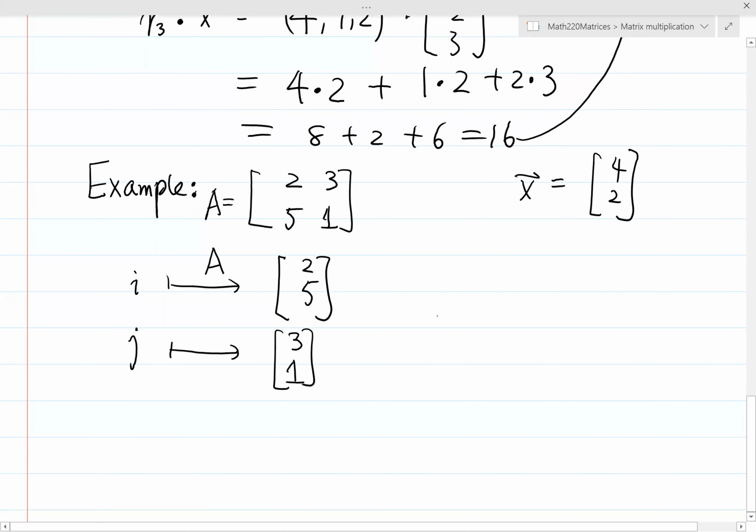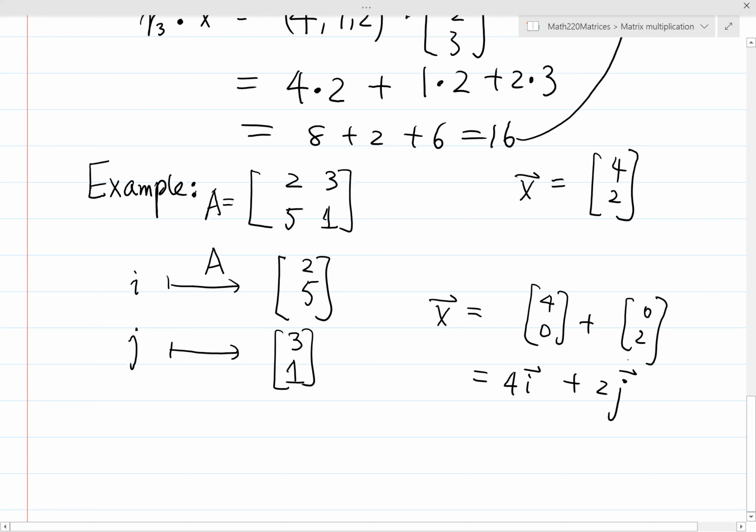Now, if you write x as 4, 2, you can get x as 4, 0 and 0, 2. So this is 4i plus 2j. So under the operation A, x will go to, you know, 4 is just 4, keep fixed.